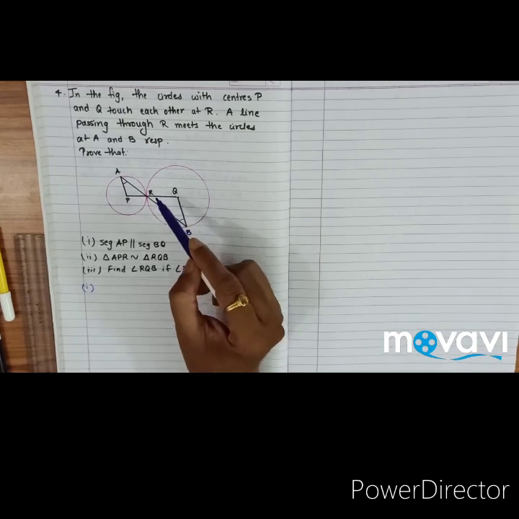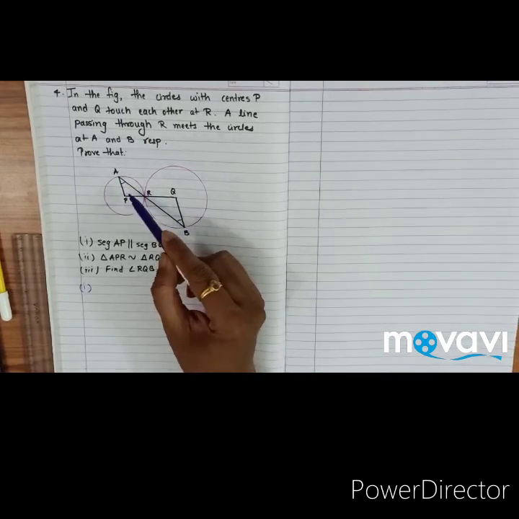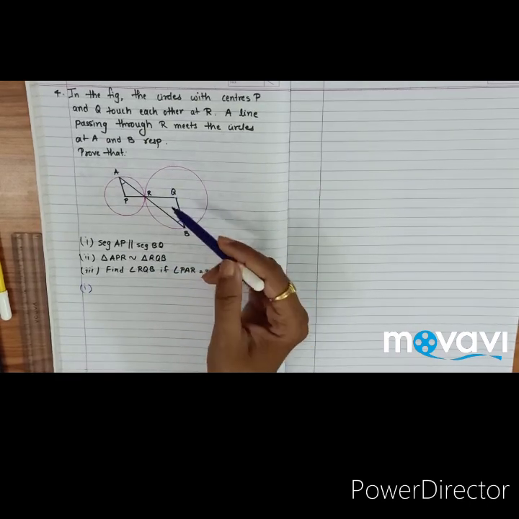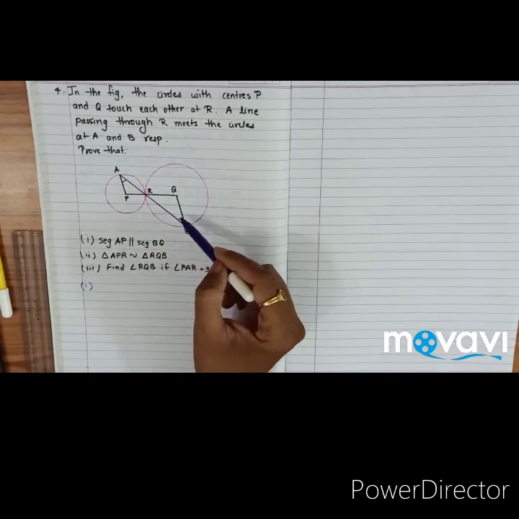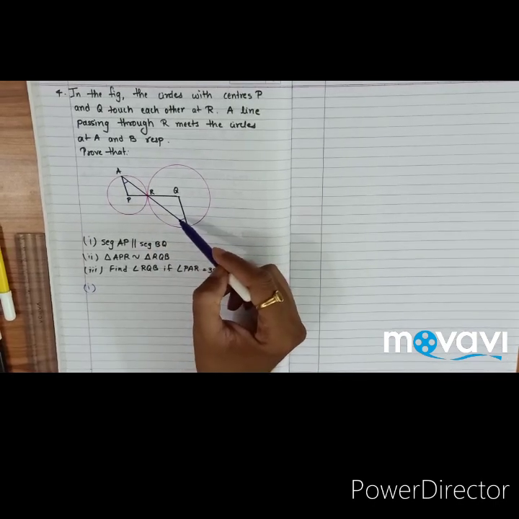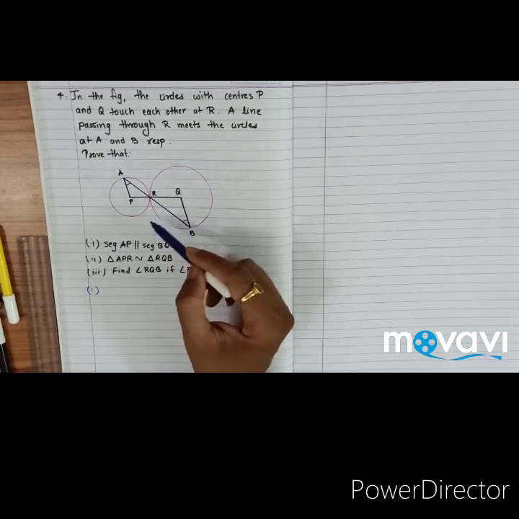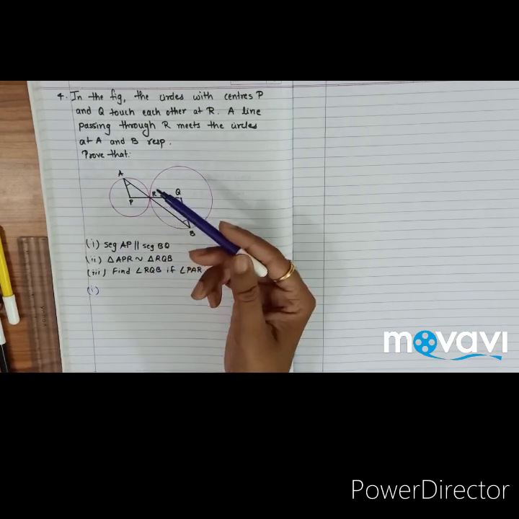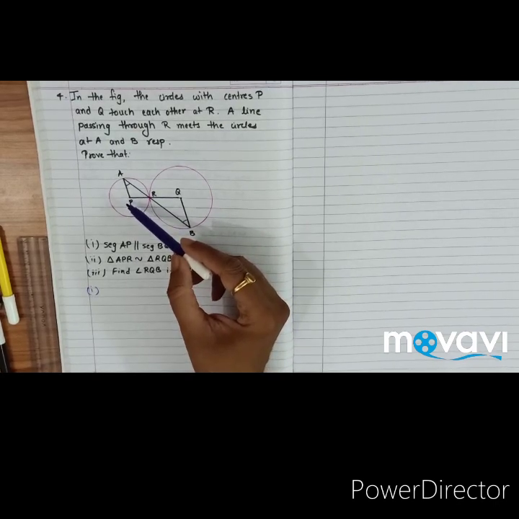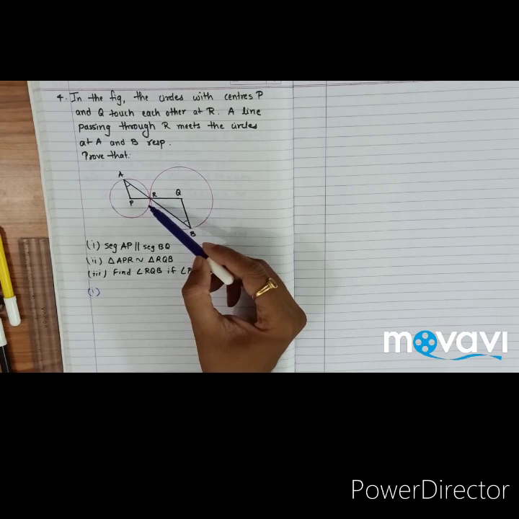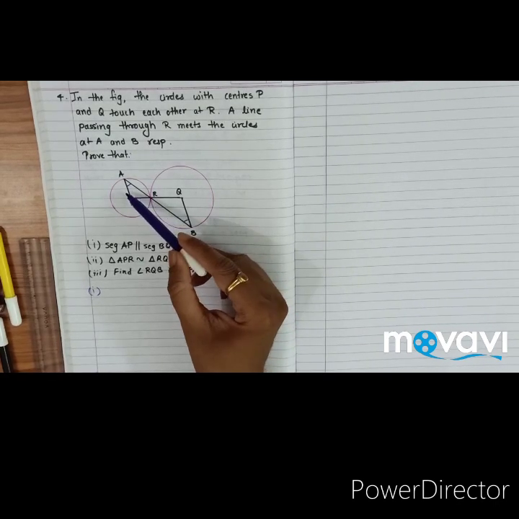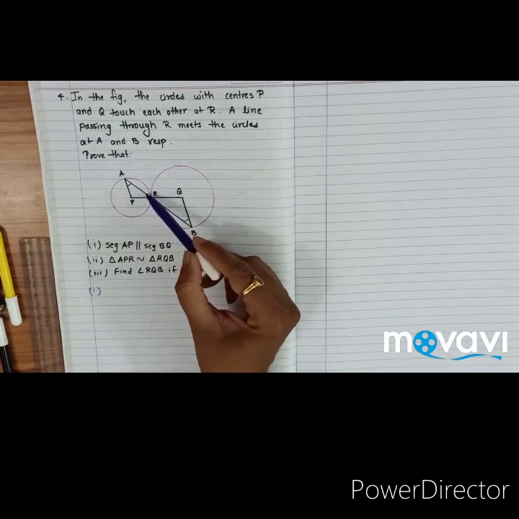So if I am able to show that these two angles are congruent to each other, by the converse of the alternate angle theorem, I can show that these lines are parallel. But to show that these two angles are congruent, I need to consider certain conditions. How do I proceed? Suppose I take this triangle PAR. In this triangle PAR, I can consider this as an isosceles triangle.